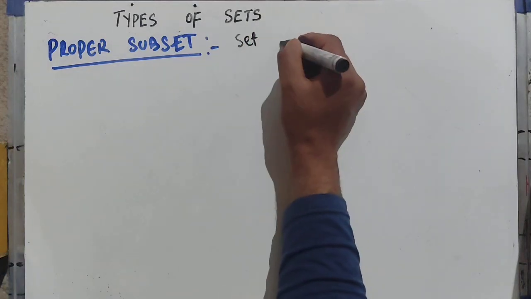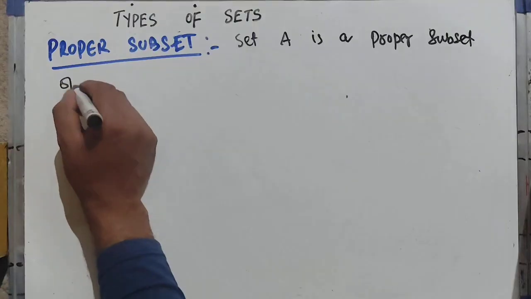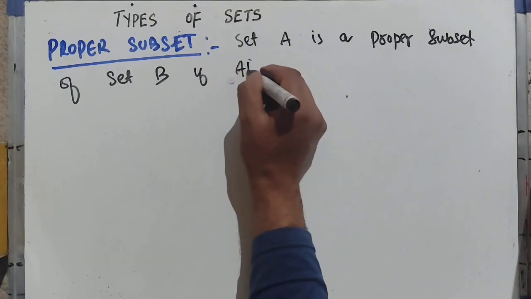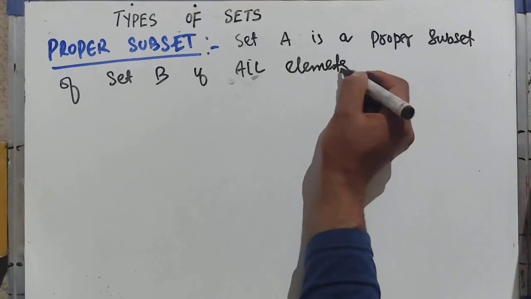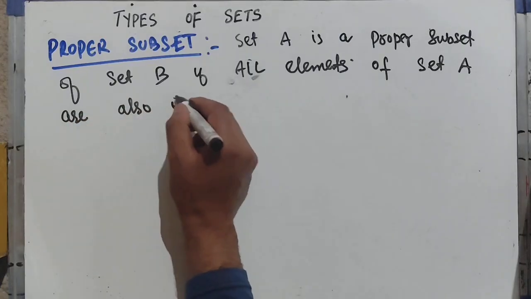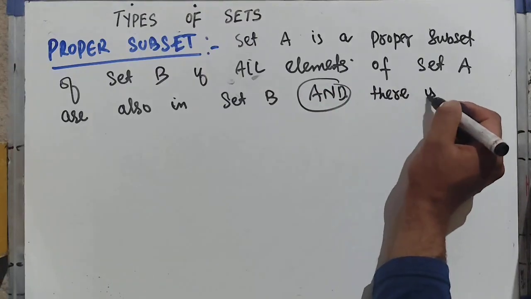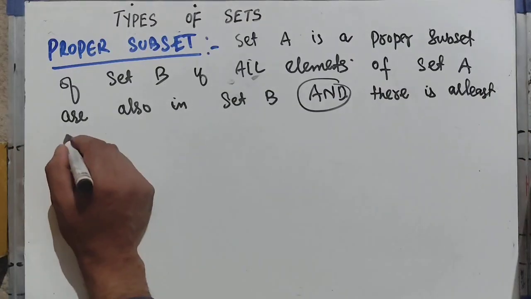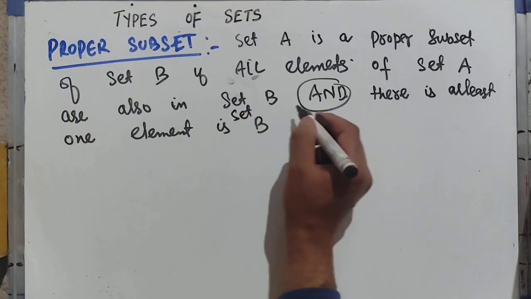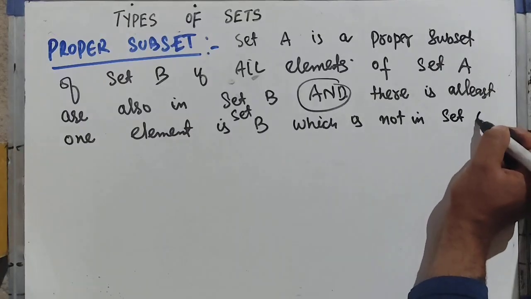I am saying set A is a proper subset of set B if all elements of set A are also in set B and there is at least one element in set B which is not in set A.